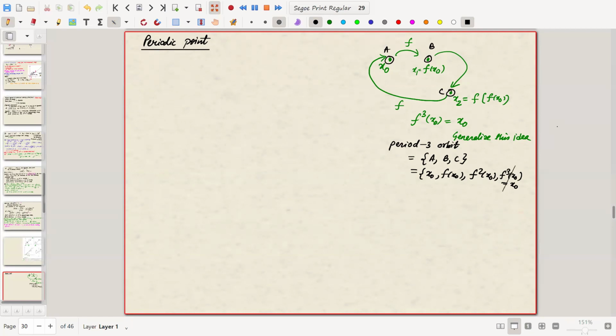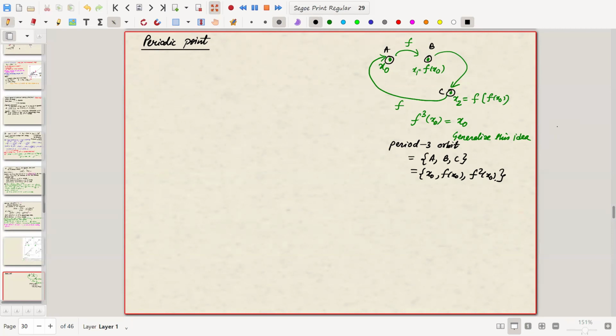There is no need to write that in the set. So this period 3 orbit is composed of these 3 points. Are you getting the concept clear? Now we will generalize this concept a bit mathematically: how the stability of a periodic point can be understood from the perspective of stability of a fixed point.